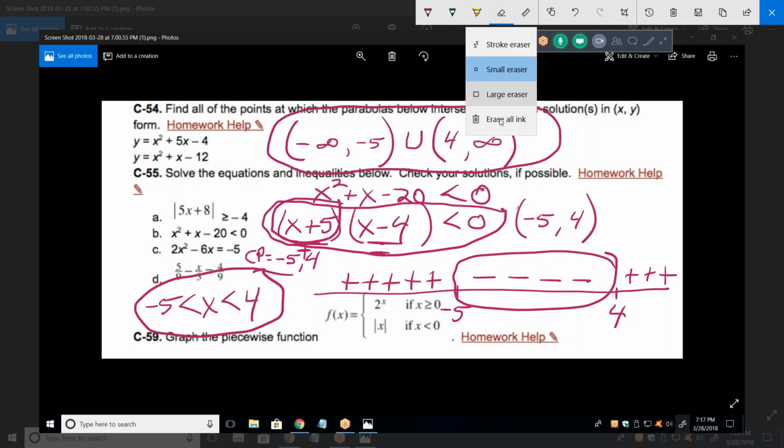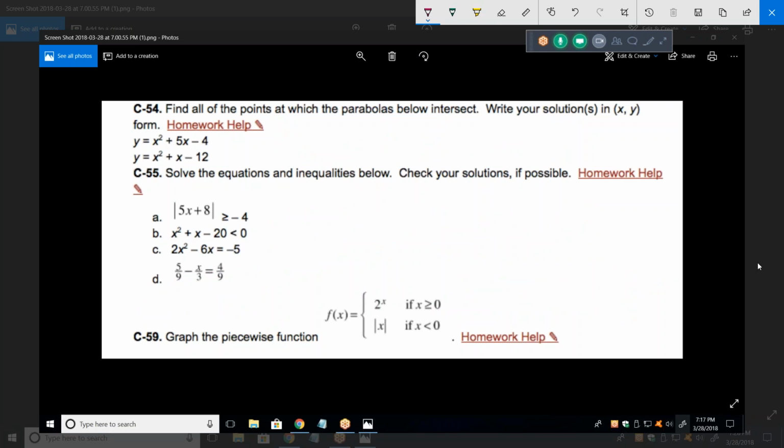C. What's the first thing we're going to do with C? What are we looking at? What's that called? It's a quadratic.